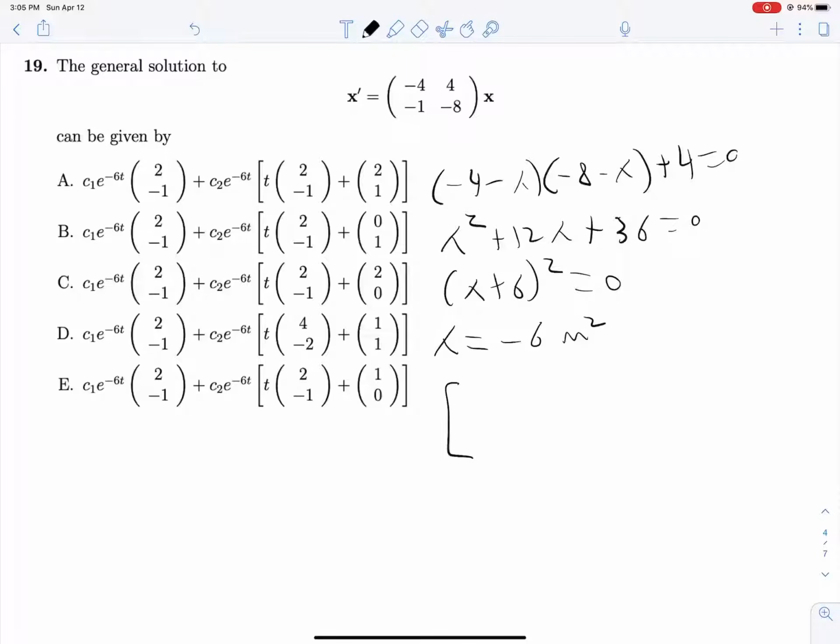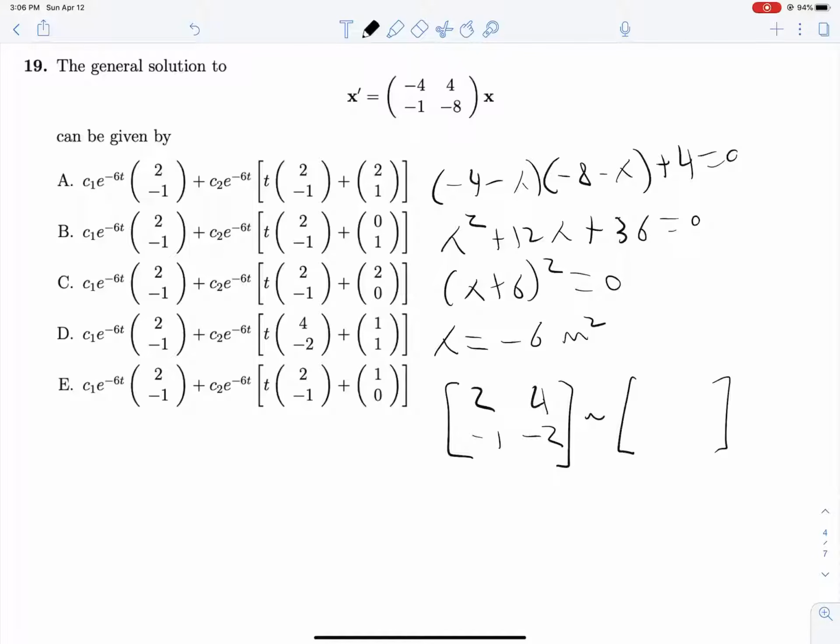So we would hope that when we find A minus lambda I for lambda equal to negative 6, which is 2, negative 2, negative 1, 4, we would hope that we get 2 free variables here so that we'll get 2 eigenvectors out of the deal. But I don't know even if that can happen at all in 2x2 systems. It almost never does.